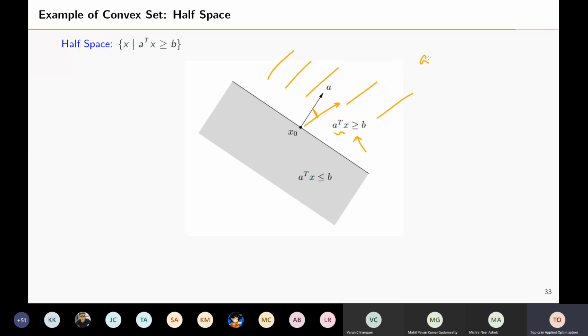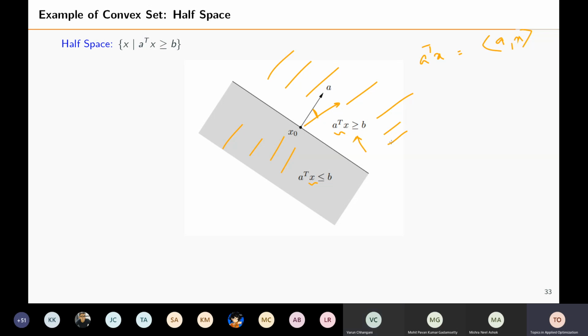A transpose X is an inner product of A and X. So the way it is characterizing the points is like the points X which make an obtuse angle with A, those will be this side, and the points that make acute angle with A will be this side. So that is how you can characterize also based on the angle.